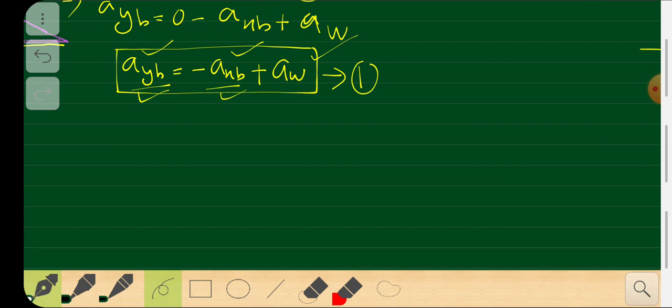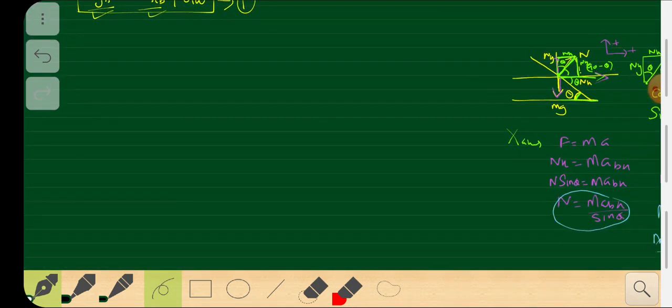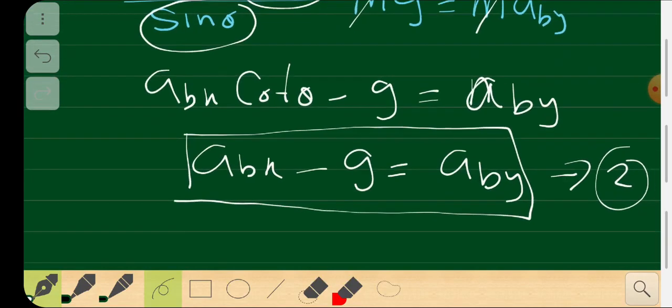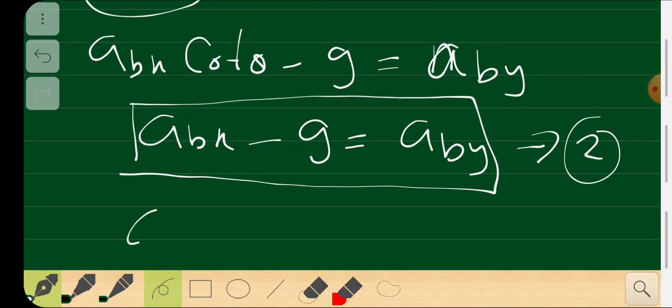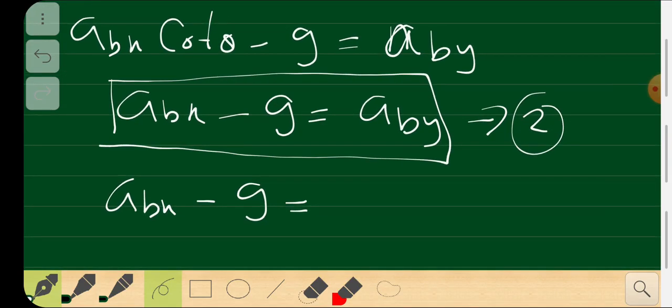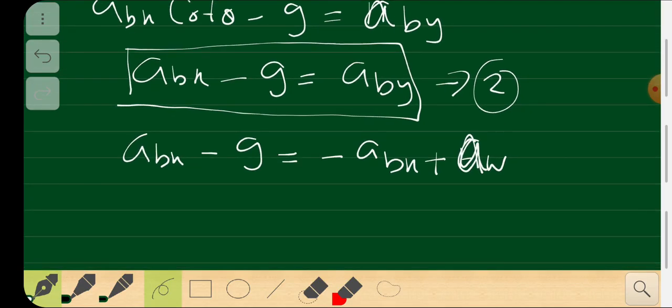So I'm going to substitute ayb back into these two equations. So you get abx in the x cap direction minus g must be equal to aby, which will be a, minus abx in the x cap direction plus aw, the acceleration of the wedge. So substituted that, 1 in 2.